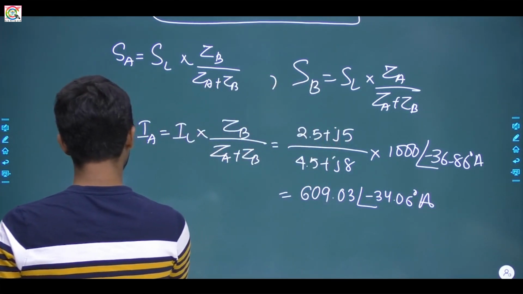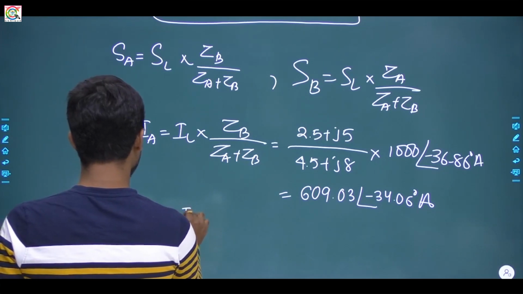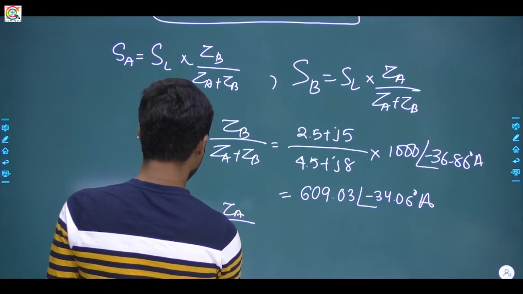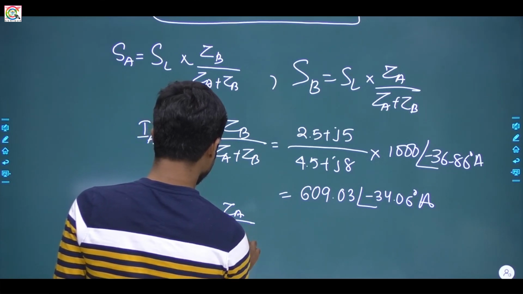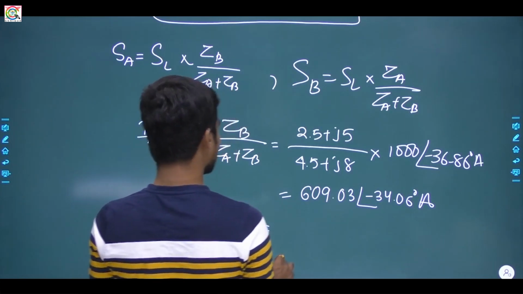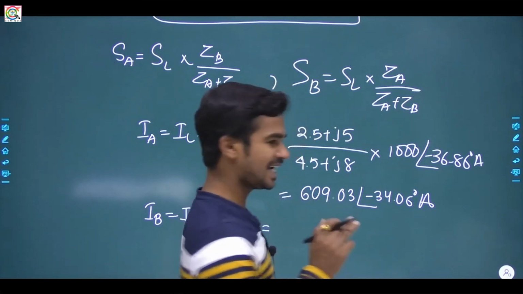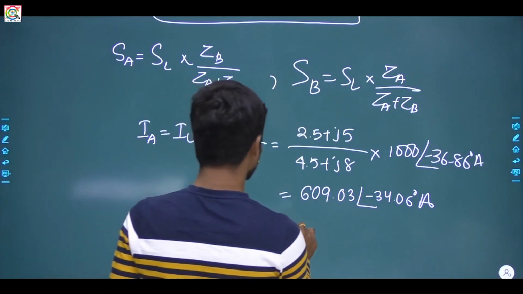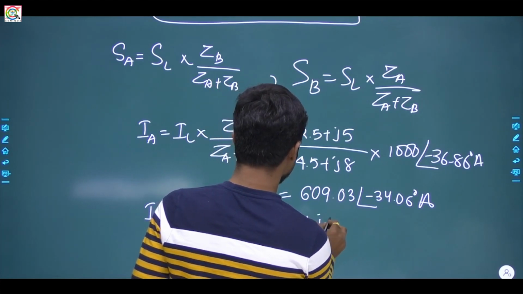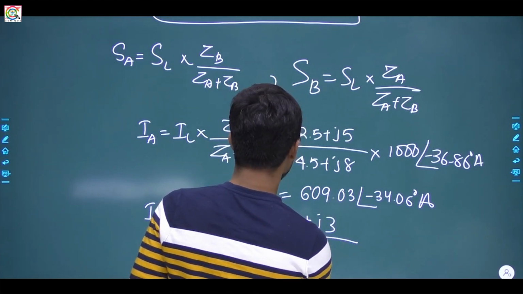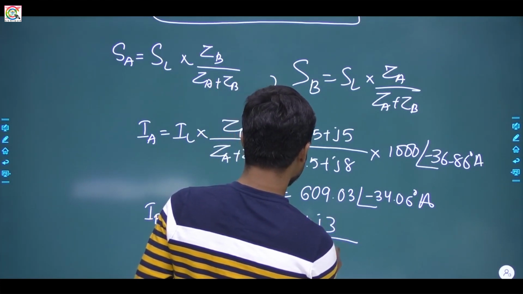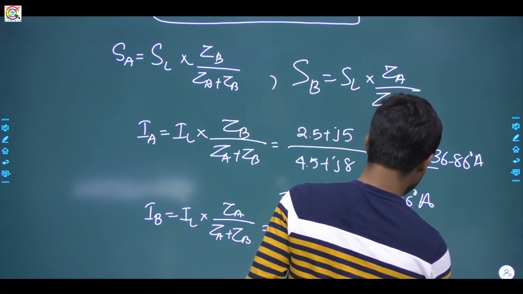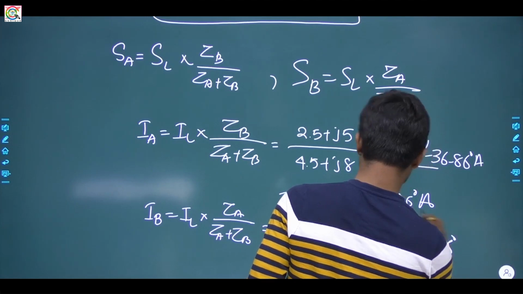Now tell me, what will IB be? IB will be IL times ZA by ZA plus ZB. So what is the value of ZA? ZA is 2 plus j3. So 2 plus j3 by 4.5 plus j8 into 1000, angle minus 36.86.